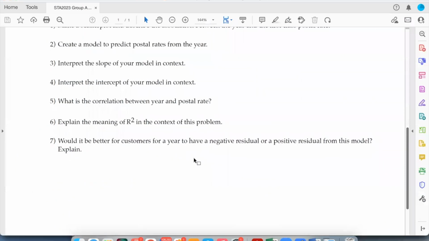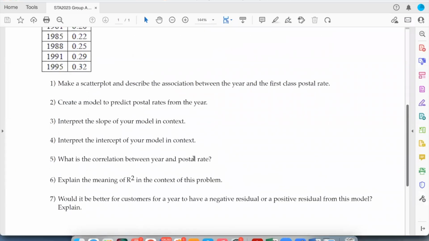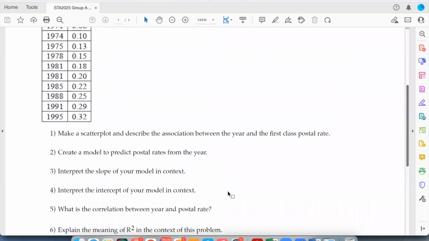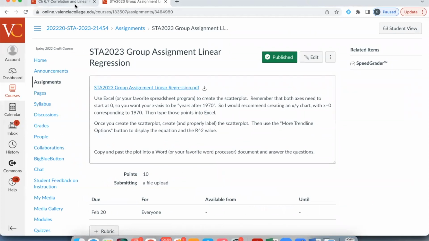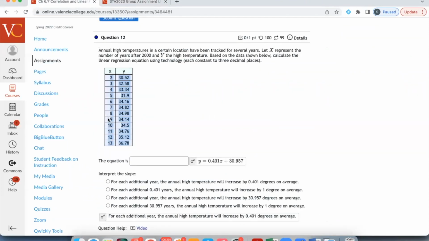Okay, the rest of this. Oh, let's calculate a residual. We didn't do any residuals. Okay, so let's look back at our data set. Maybe this guy right here, the 9. Let's find his residual.